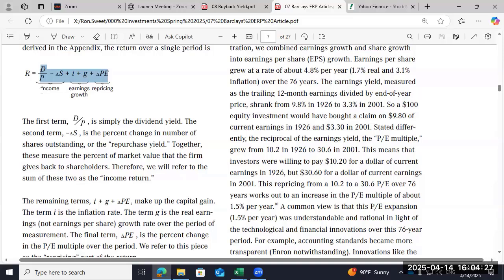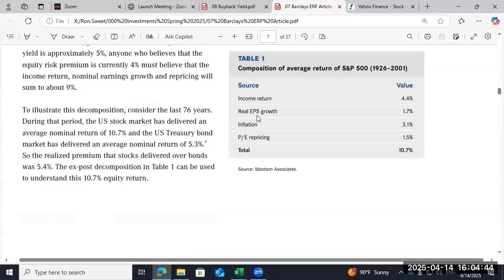That was your main focus, which is going to be impacted by stock buybacks. They break earnings growth between inflation and real. We're just putting it all together in one big number. And then the repricing, just ignore that. Then this paper goes into the history of all that. Here's the historical. Stocks have returned 10.7% during this period of time.